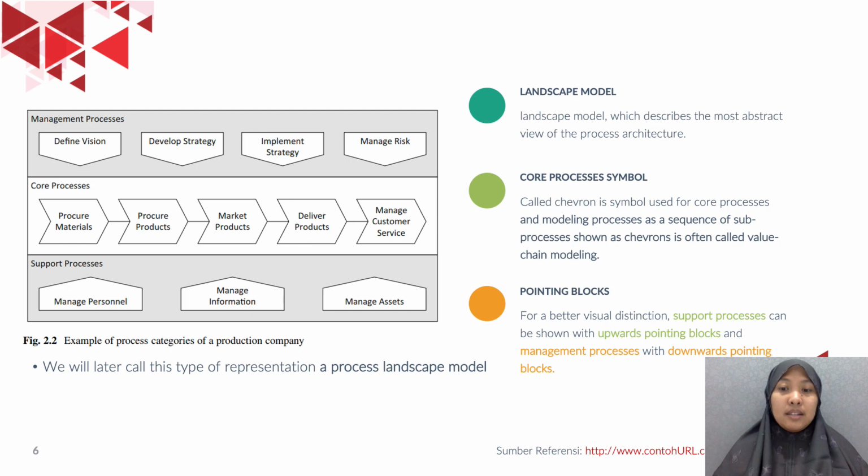These core processes are supported by processes to manage personnel, information, and assets that we call support process. And the management process includes the definition of a vision, the development and implementation of the corporate strategy, and the management of risk.